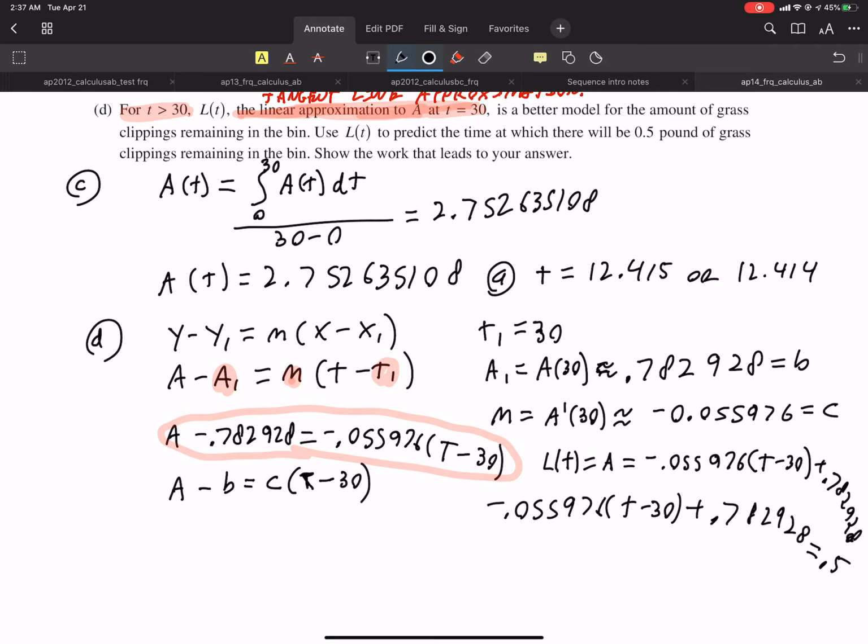Then you just use algebra to solve this. So if you solve for t, you would get 35.054 days, and there's your answer.